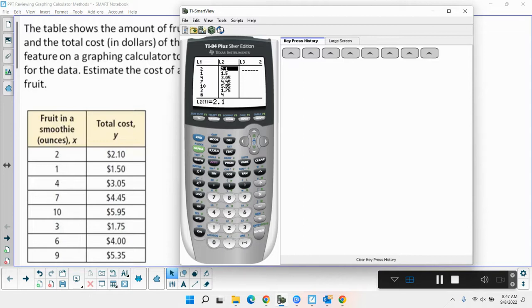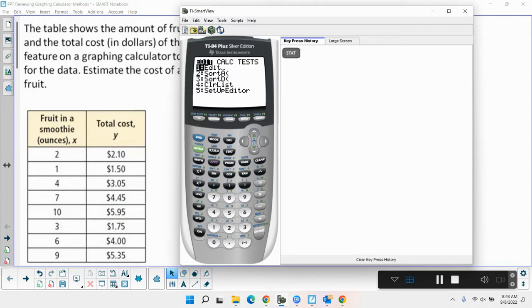All right. So now, to find that linear regression equation, where do I start? Back to where we started this problem. What button? Stat again. All right. For statistics. Now this time we're going to move over one to the right to our calculate menu, the CALC.